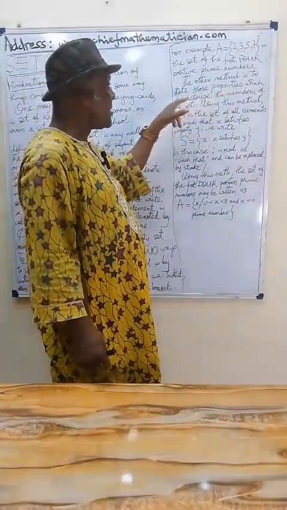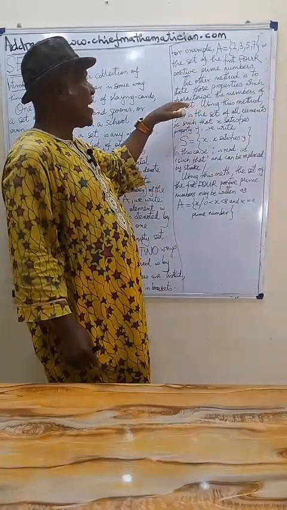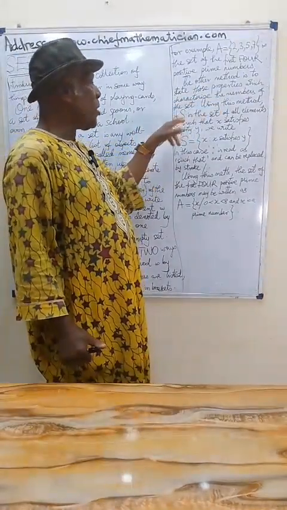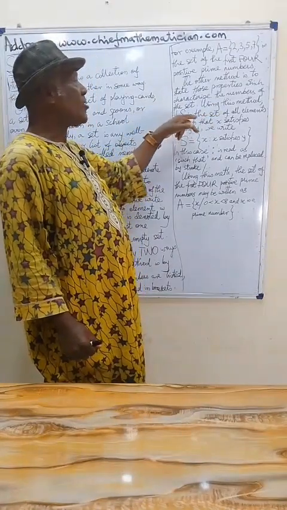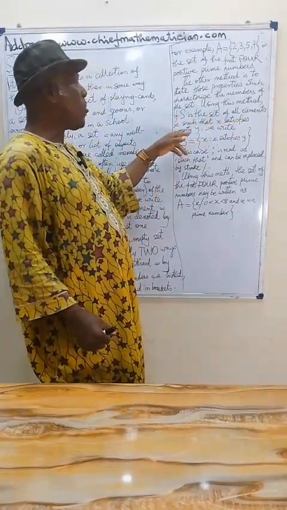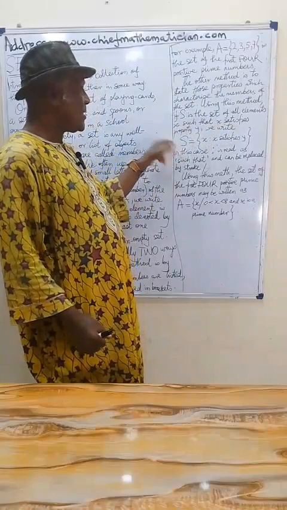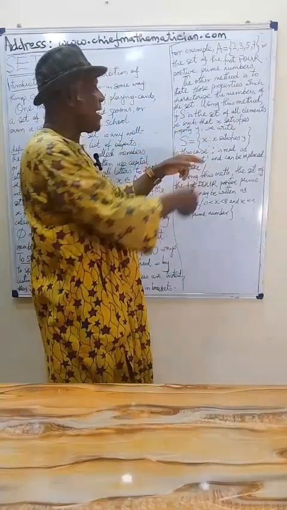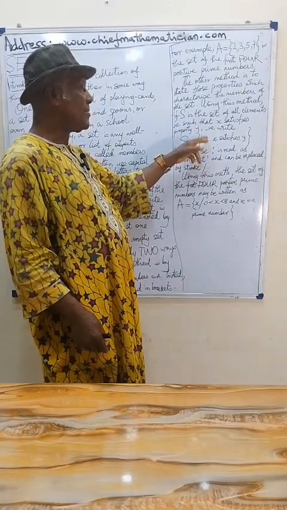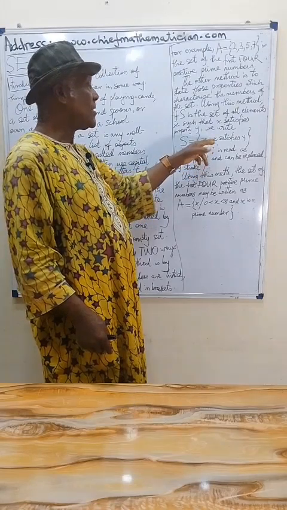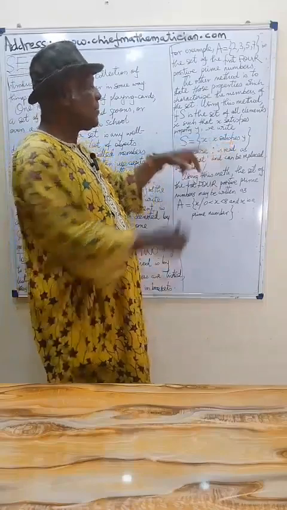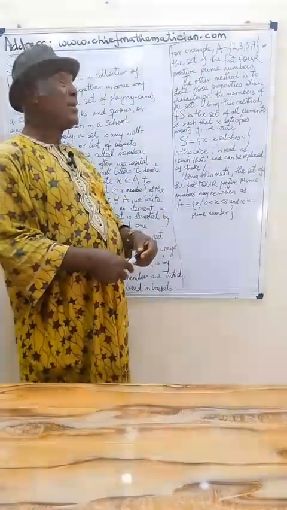The other method is to state those properties which characterize the members of the set. Using this method, if S is the set of all elements X such that X satisfies property Y, we write S is equal to, in brackets, you write X with these 2 dots such that X satisfies Y. I will give you the elements of that set.